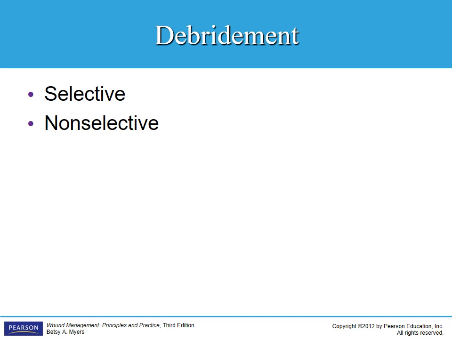As we go through this chapter, you're going to learn what each of those means and why they're selective. The other larger category is non-selective, which is really mechanical and surgical debridement. Again, we'll be more specific as to why those are non-selective and why sharp, enzymatic, or autolytic is selective as we go through.